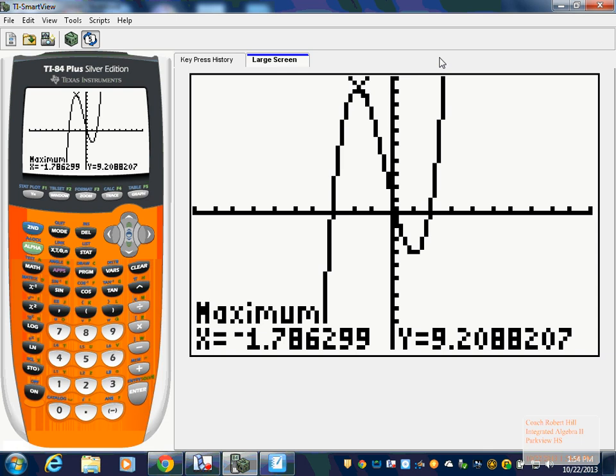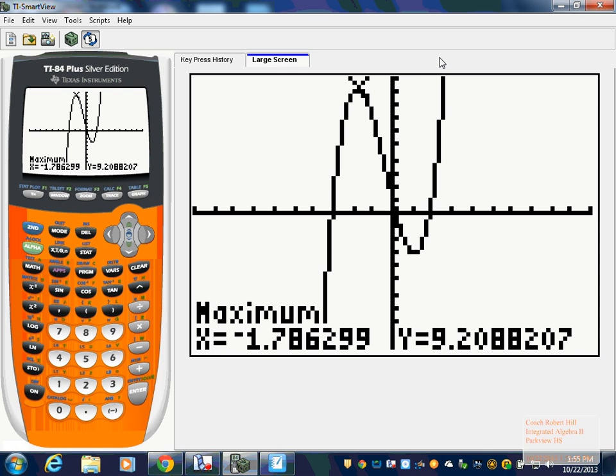Okay? So now I got to do my interval of increase, interval of decrease. So now I got to go from negative infinity to, make sure you use your x value. So increasing is from negative infinity to negative 1.79. Then what's it do?